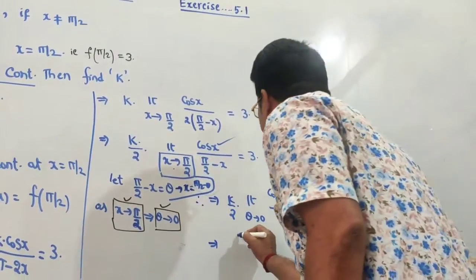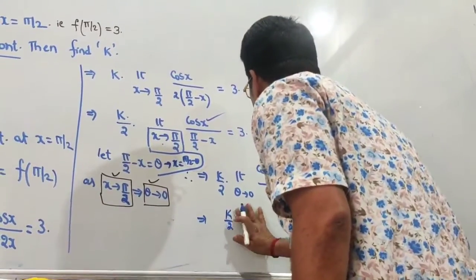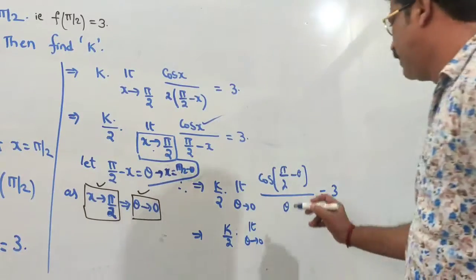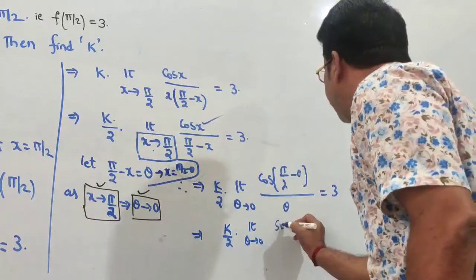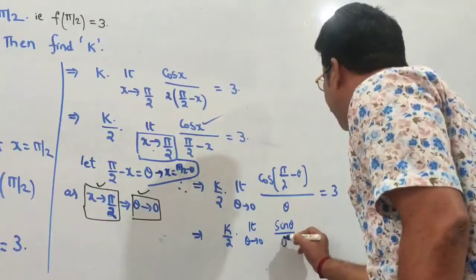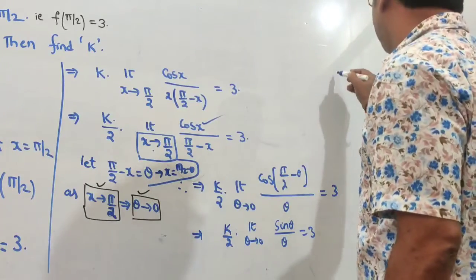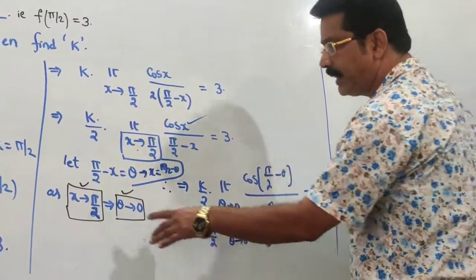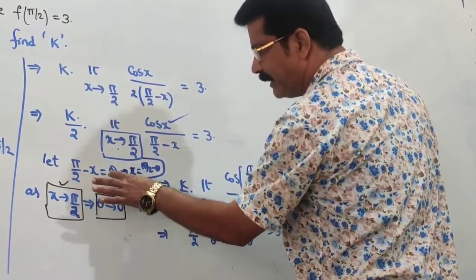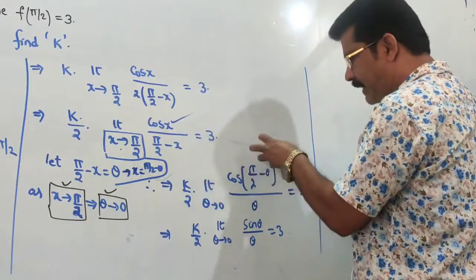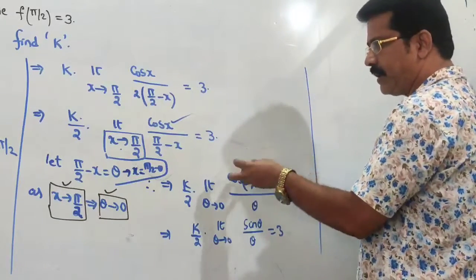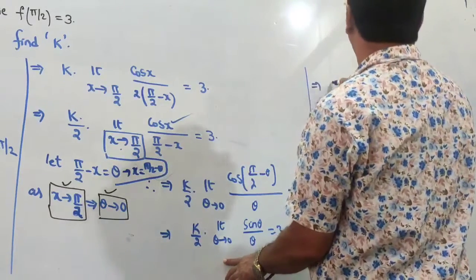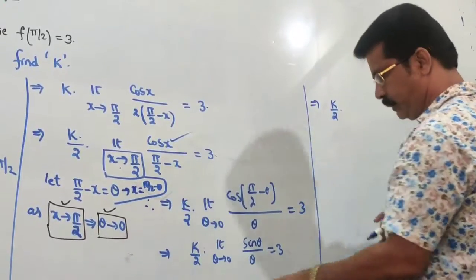Remember, k by 2 into limit theta tends to 0 of cos of 90 minus theta, which is sin theta, divided by theta, is equal to 3. To obtain the standard form, we took pi by 2 minus x equal to theta, and also changed all the x terms in the given function into theta.